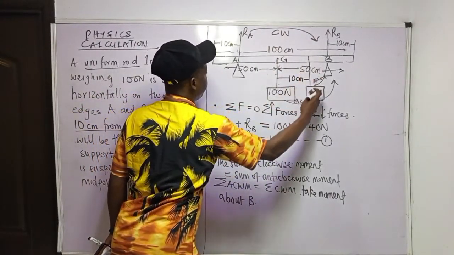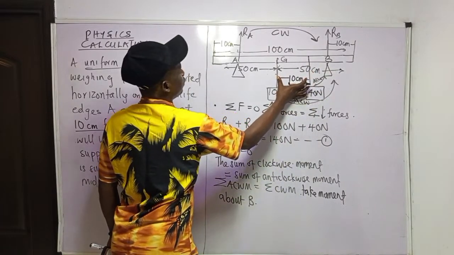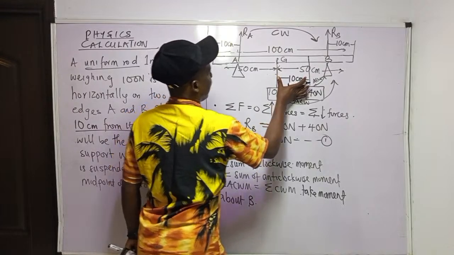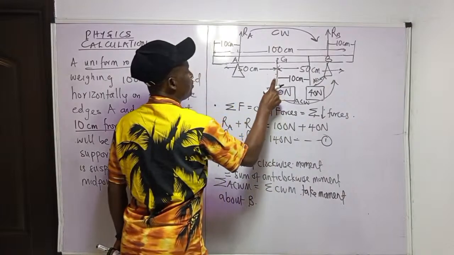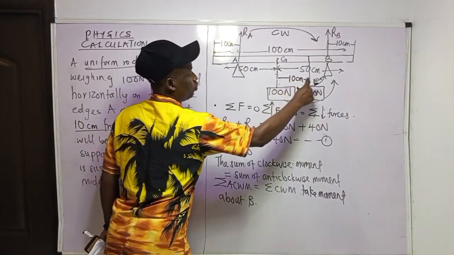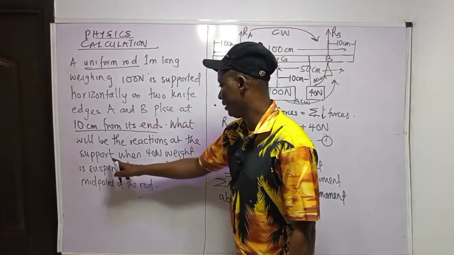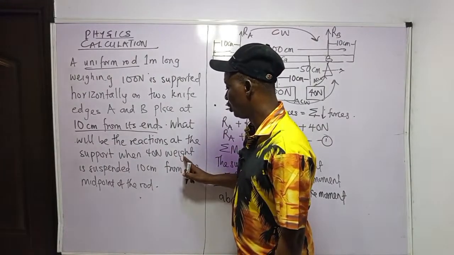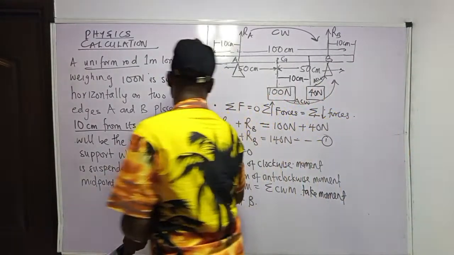In that case, the moment is the product of the force and the perpendicular distance. From the center to where we hang this load is 10, according to the question: the 40 Newton weight is suspended 10 centimeters from the middle of the rod.